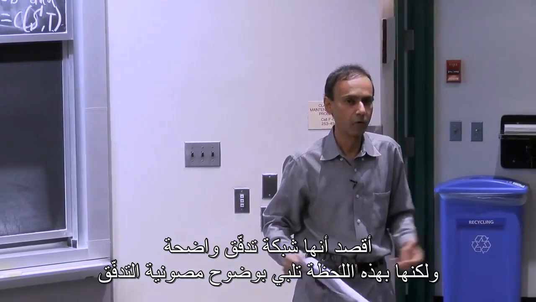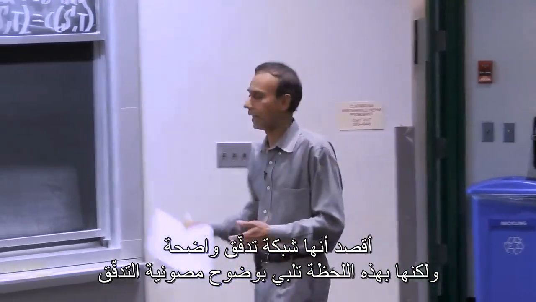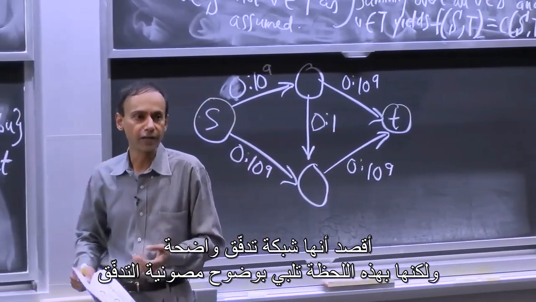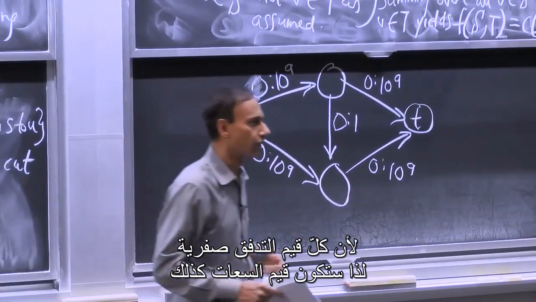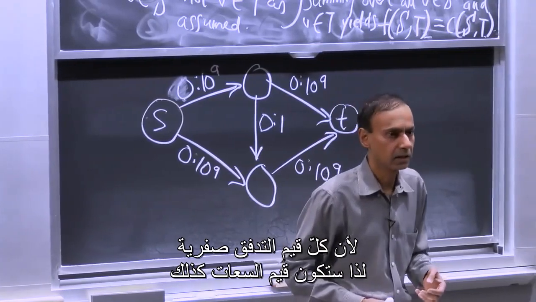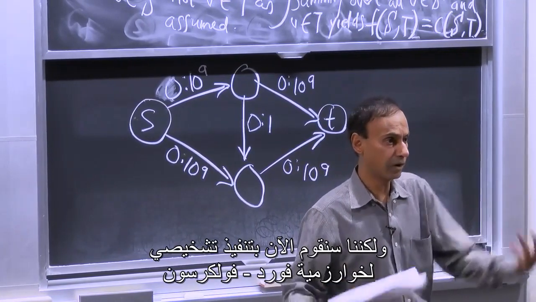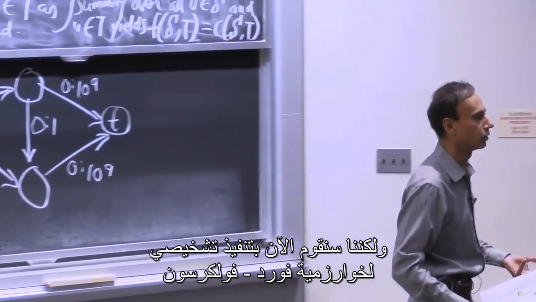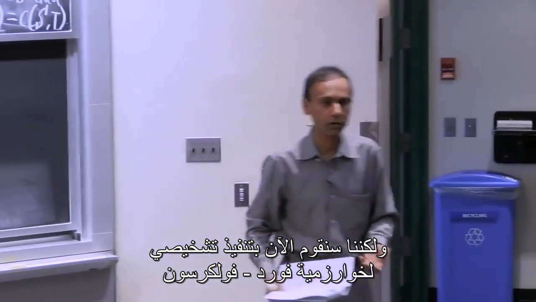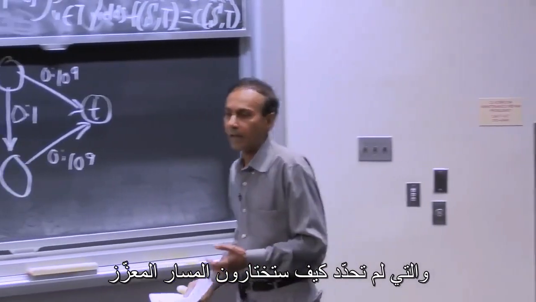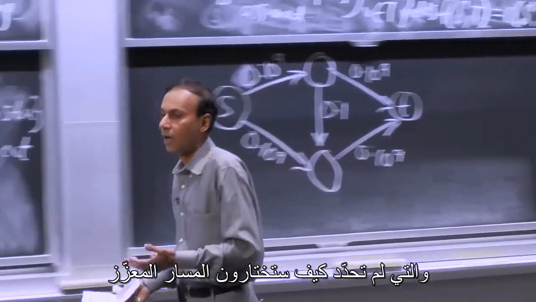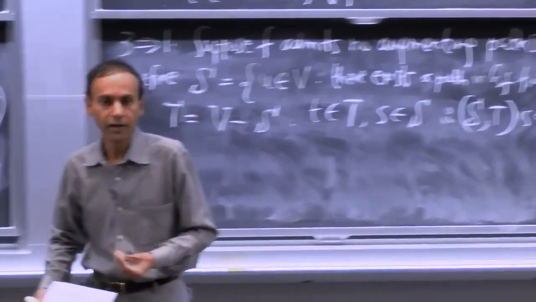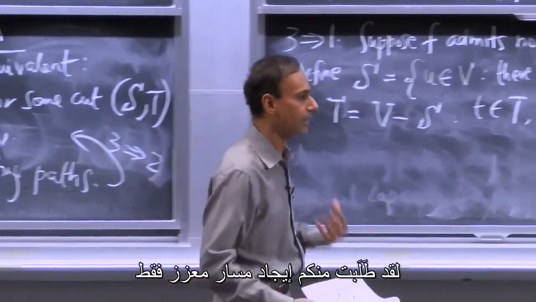It's a fairly straightforward flow network, and as of the moment it obviously satisfies flow conservation because all of the flows are zero, and therefore edge capacities. But we're going to now take a pathological execution of the Ford-Fulkerson algorithm, which, by the way, did not specify how you were going to select the augmenting path. It just said, find an augmenting path.